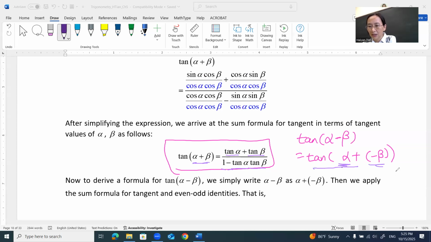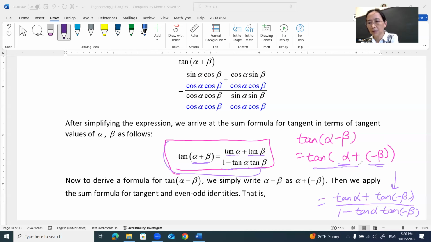So let's get numerator is tangent of first plus tangent of second over 1 minus tangent of first, tangent of second, which is now negative beta. So we are simply applying the formula for this case.